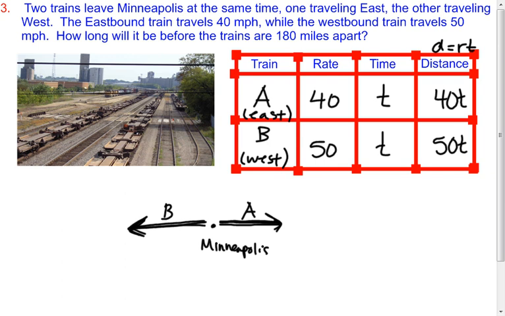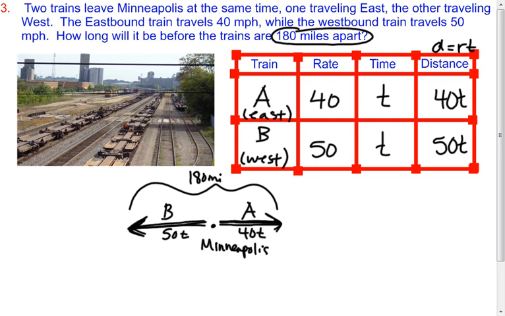Okay, now what we haven't used is this. How long will it be before the trains are 180 miles apart? So if you picture this picture, what's happening here is that distance needs to be 180 miles. I don't know what A's distance is, but I know that this is 40t, and I know that this is 50t.